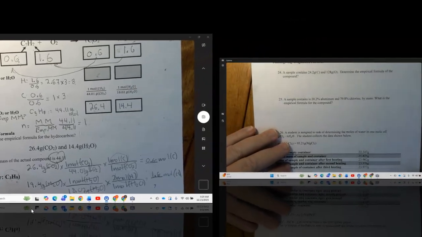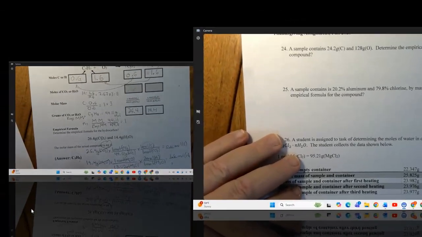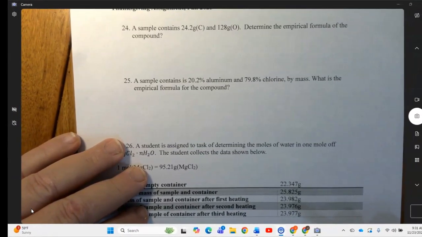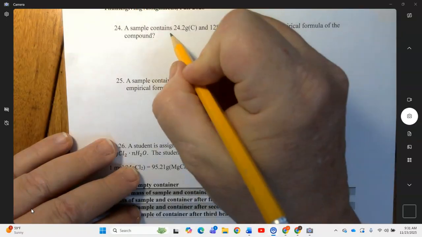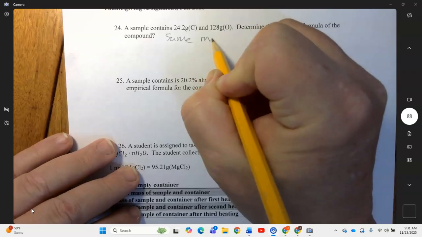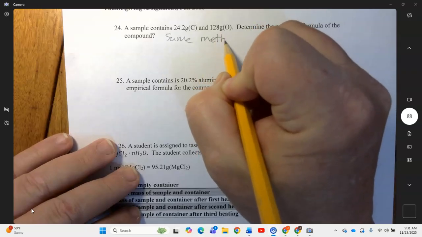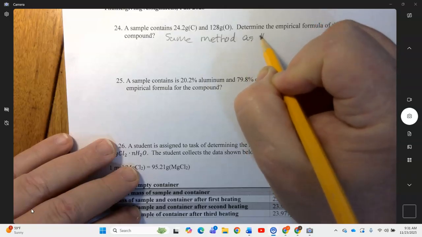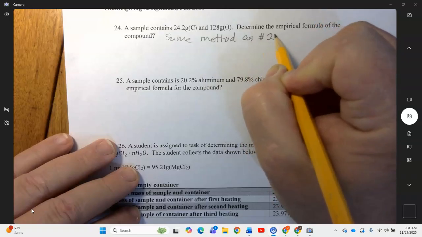Okay, number 24 is actually identical to number 22, not the numbers, but the type of problem it is. So I'm going to let you do this one. I'm going to just write the same method as number 22. And you need to do that one on your own.